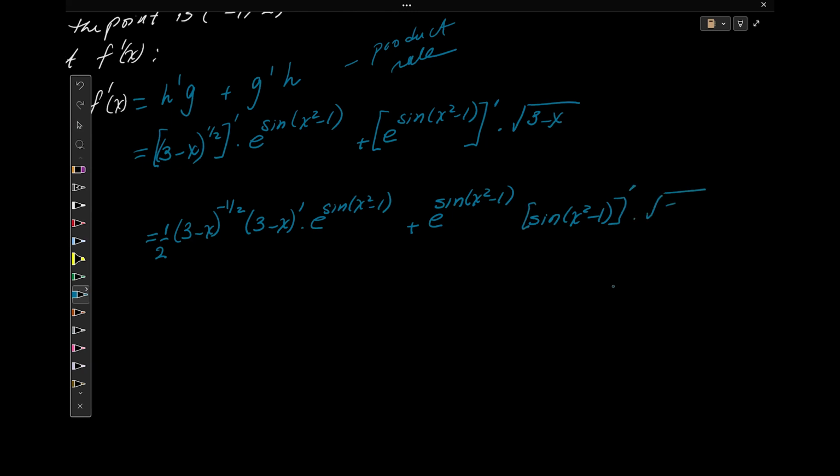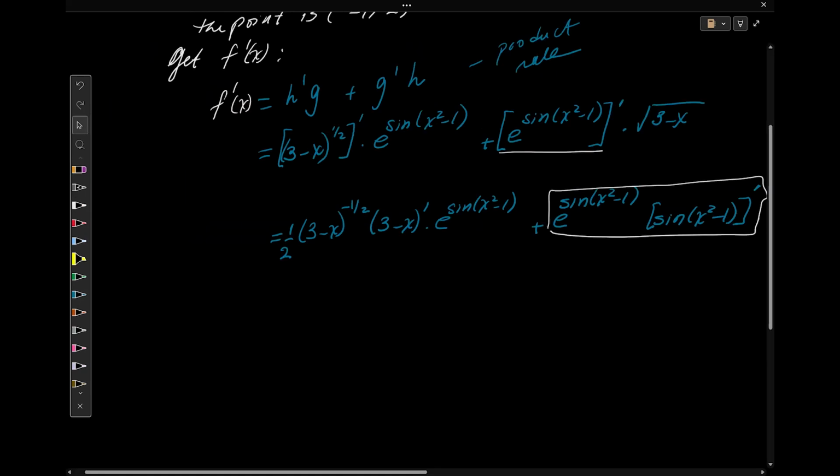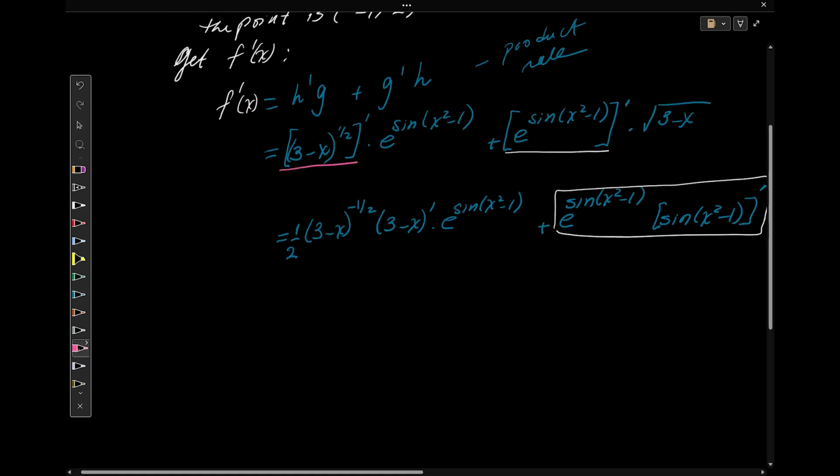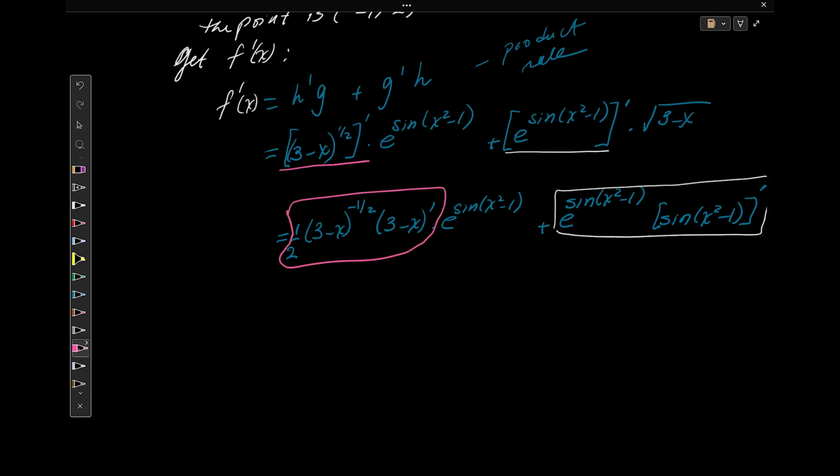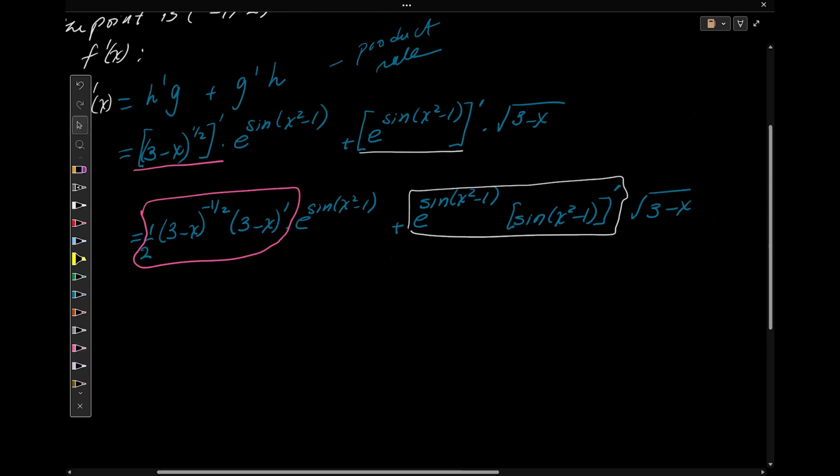Times the square root of 3 minus x. Right? Again, this is this, and this is this. Okay? Those are the two derivatives we have.